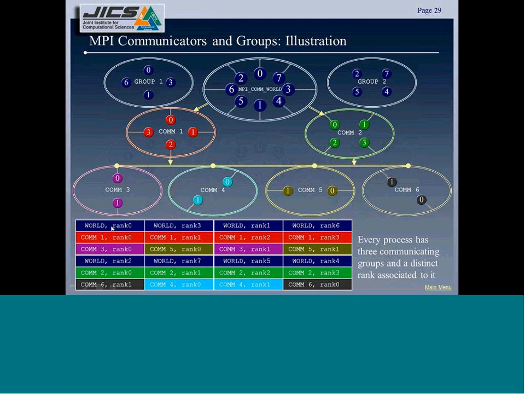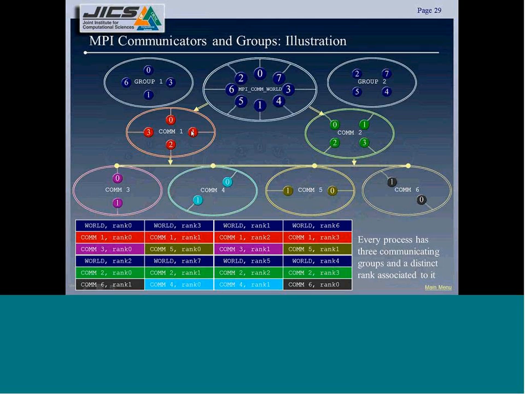So look at this version. Let's pick this one: process 3 originally in MPI_COMM_WORLD became rank 1 in communicator 1, you can see it here, and it can even be split further.